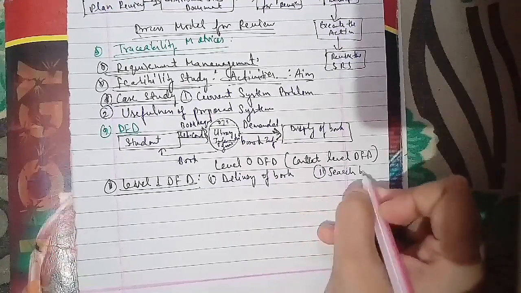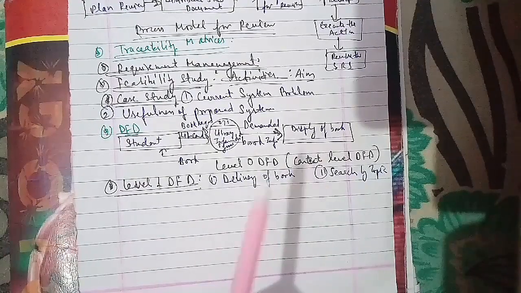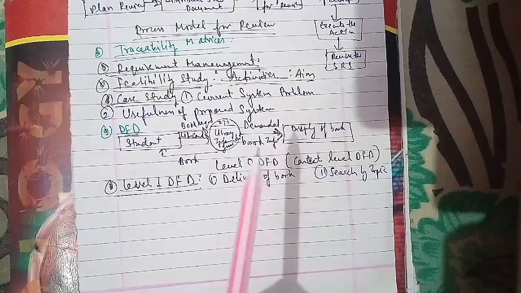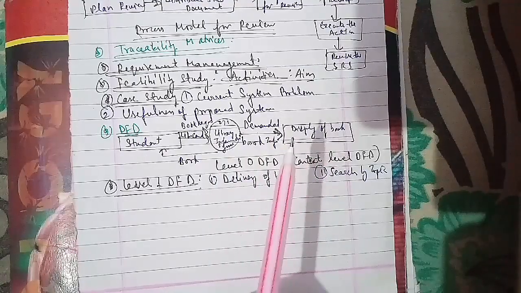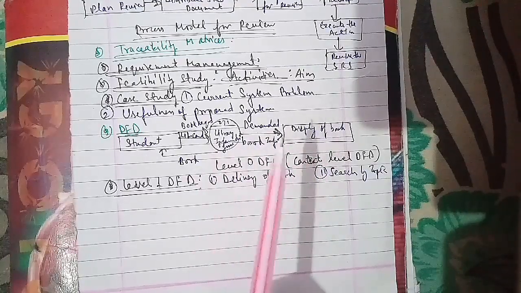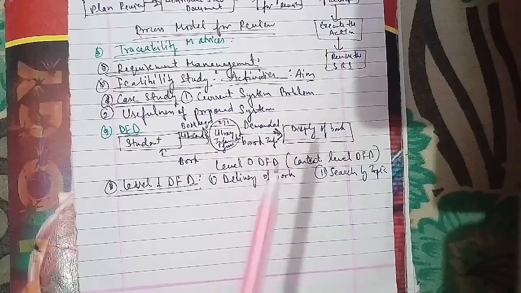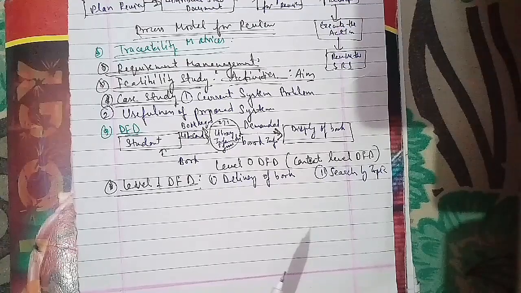Then after that display of books, book search, list of topics. This is connected to one another, and this is the level 1 DFD.